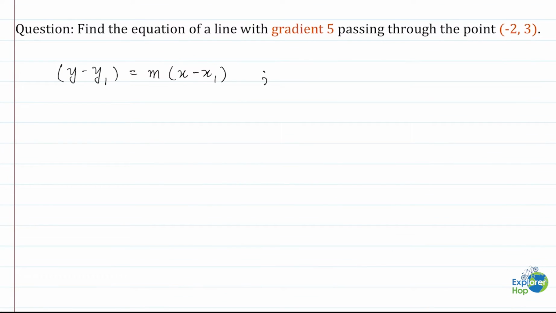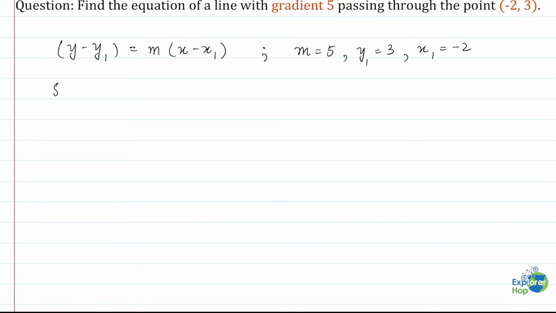So in this case, m would be equal to 5, y1 would be equal to 3, and x1 would be equal to minus 2. Now what we'll just do is substitute these values back into the equation, and we would get y minus 3 equals 5 times x minus minus 2.